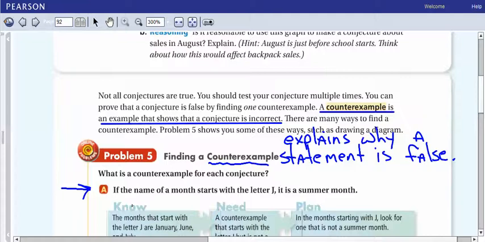Now, give me a statement why it's false. Thank you. January starts with a J and is not in the summer. All right? When you are writing a counterexample, it's got to explain why a statement is false in detail. Okay? You just can't say January starts with a J. January starts with a J and it's not a summer month.